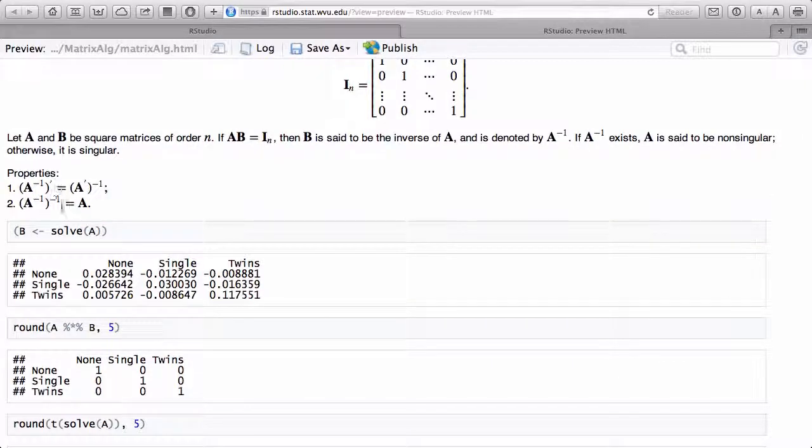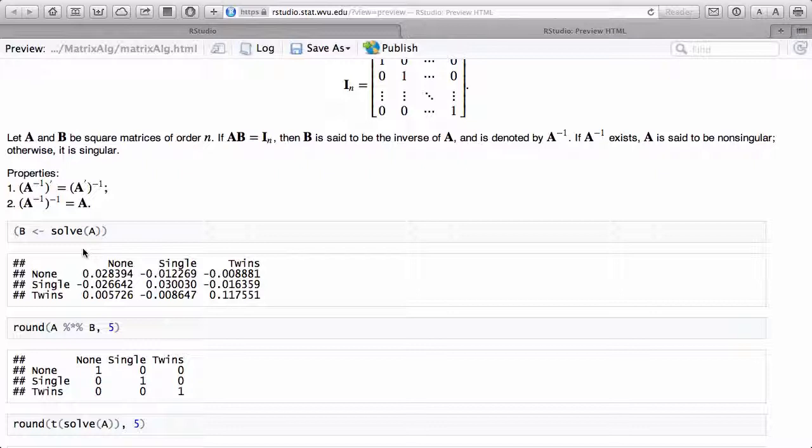There are a couple of properties. If you take A inverse and transpose that, it's the same as transposing A and then inverting. In other words, the order of doing that doesn't matter. A inverse transpose is the same as A transpose inverse.